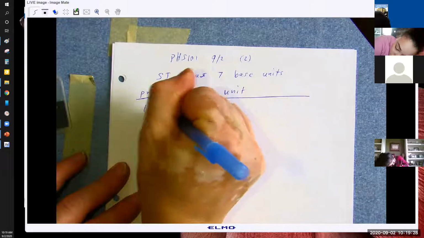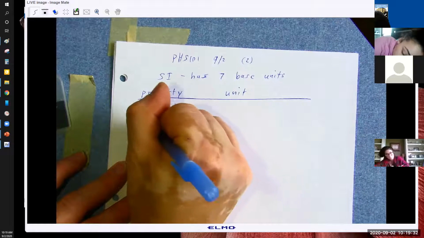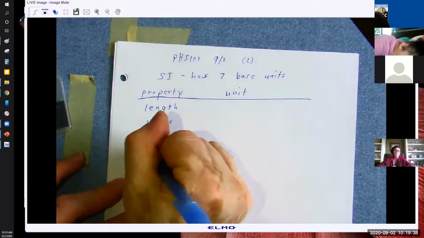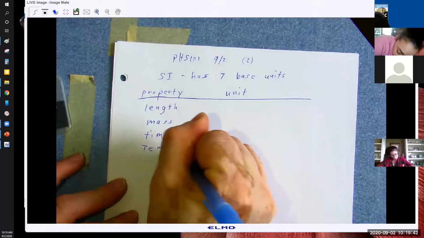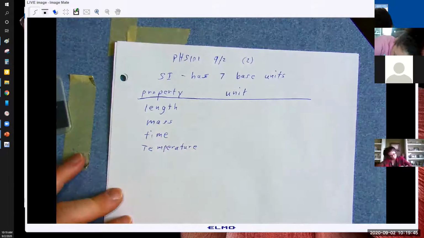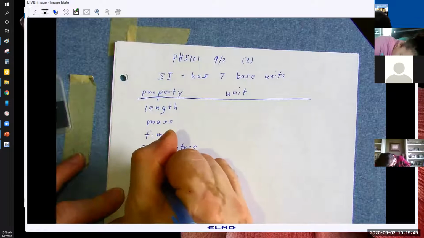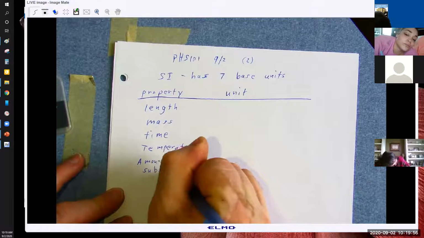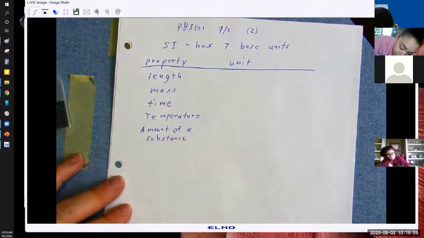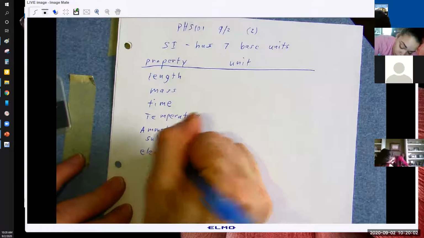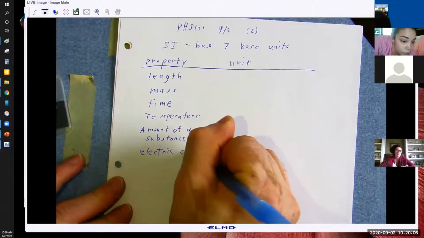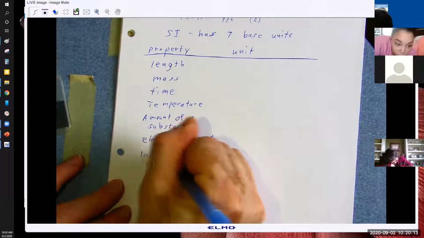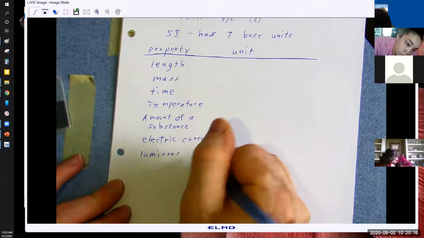We have length, mass, time, temperature, this is amount of a substance, we have electric current, and finally, luminous intensity.